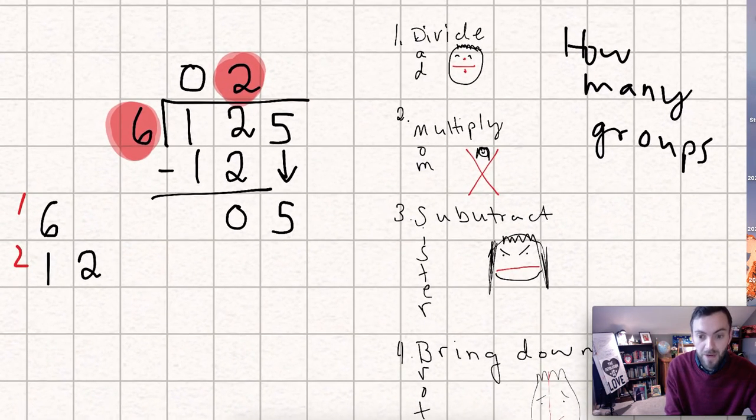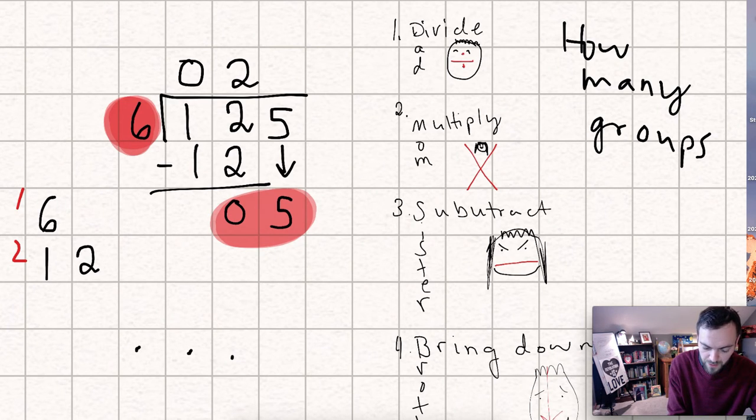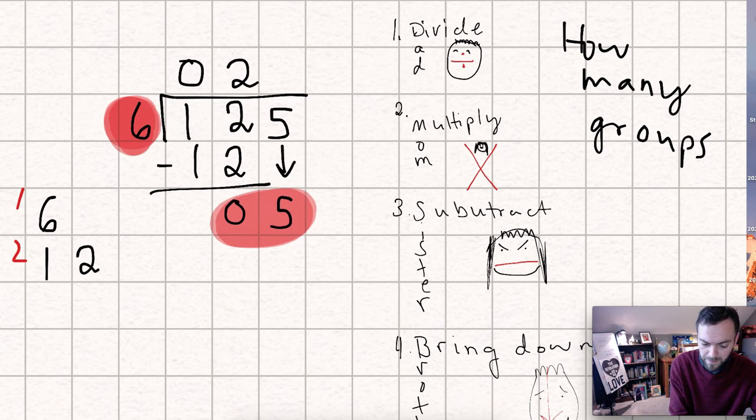Divide. How many groups of 6 can I make with 5? How many groups of 6 can I make with 5? Well, if I have 5, 1, 2, 3, 4, 5, can I make a group of 6? I cannot make a group of 6 with 5, so the answer is 0.